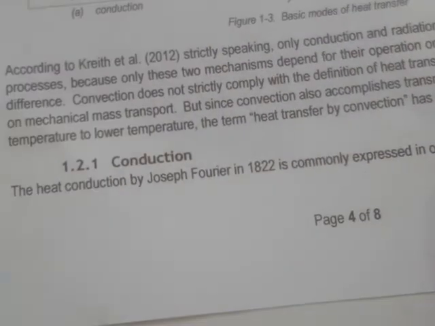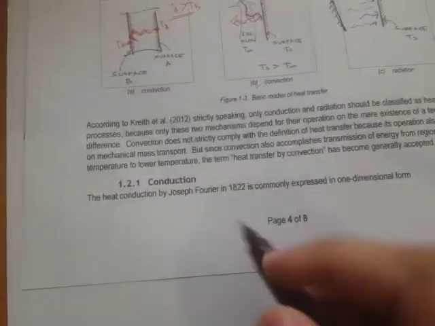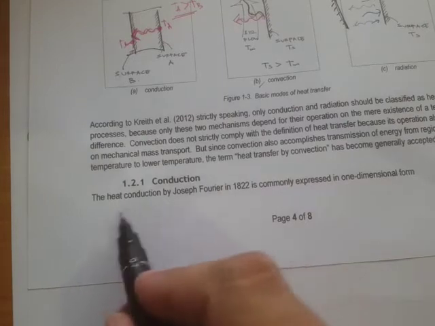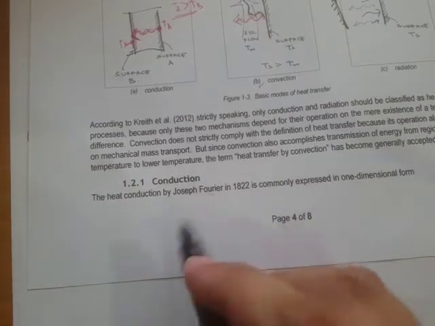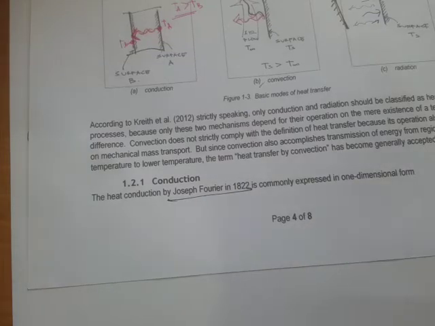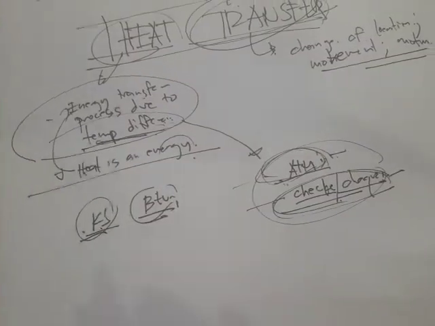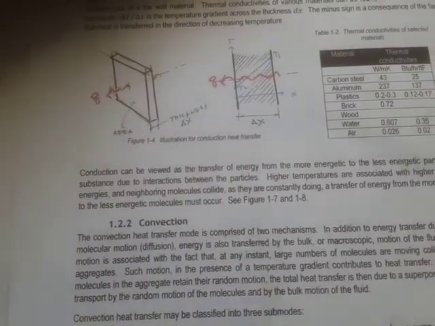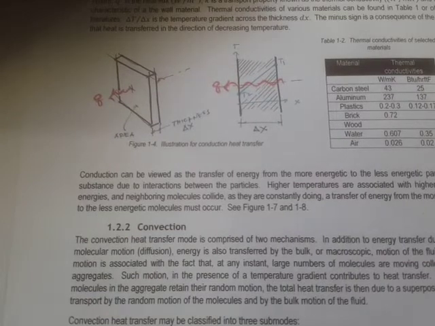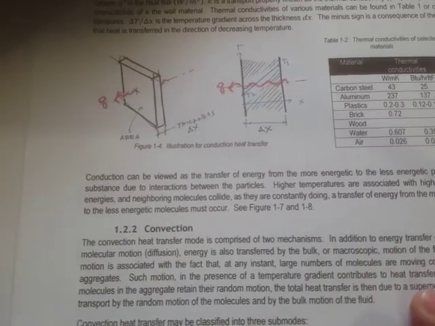All right, so now let's have a detailed discussion about conduction. Conduction was originally proposed by Joseph Fourier in 1822, and that's why it is sometimes referred to as the Fourier law of heat conduction.